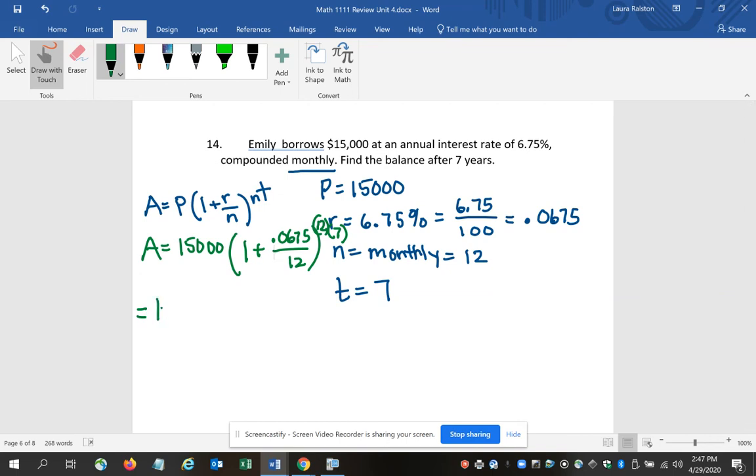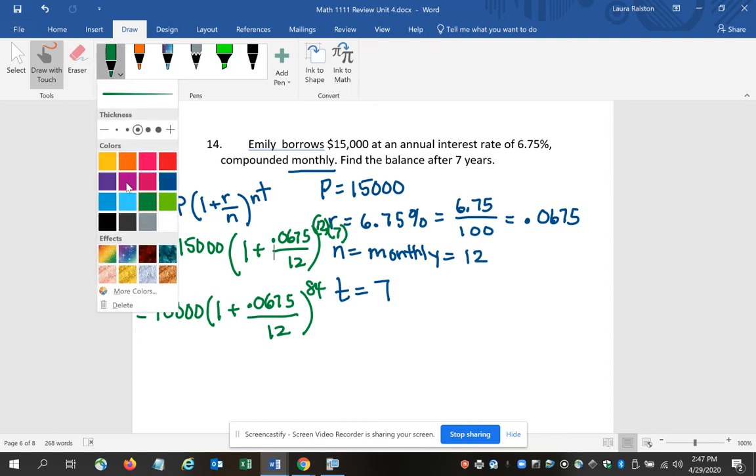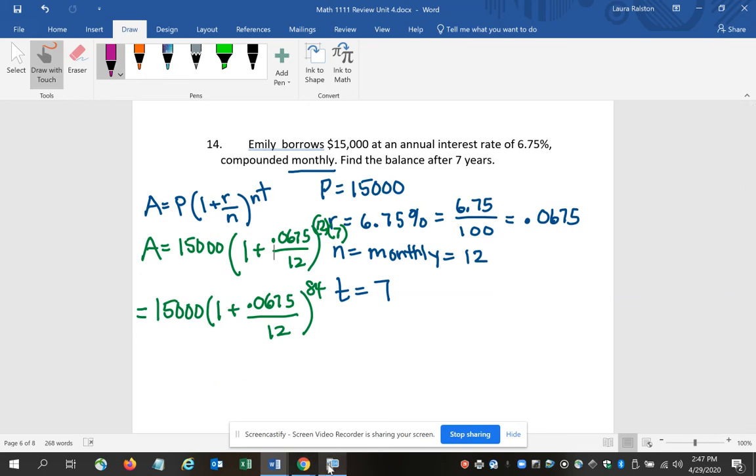I'm going to go ahead and do 12 times 7, which is 84. Guys, I'm not going to do those calculations by hand. I'm going to go out to my calculator and walk it through.